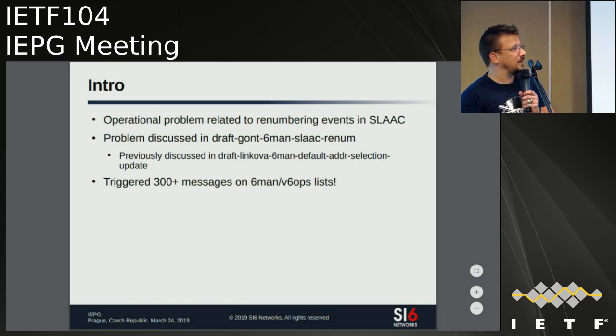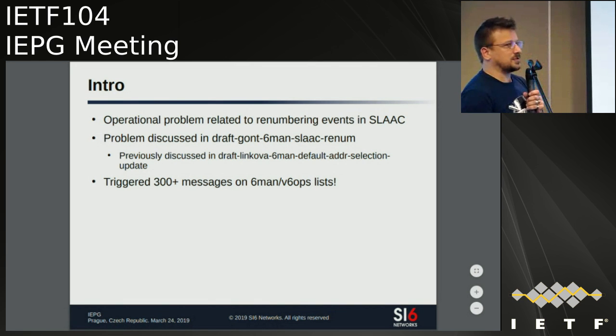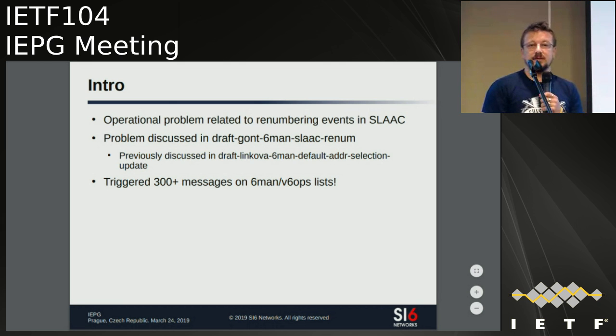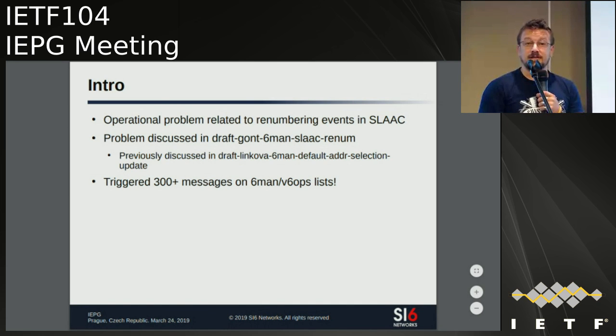This document discusses an operational problem that arises in some renumbering scenarios. Actually, the problem had been pointed out before in this ID by Jan Linkova, and it was to some extent discussed in an RFC 5-something, the document about recommendations about prefix sizes.